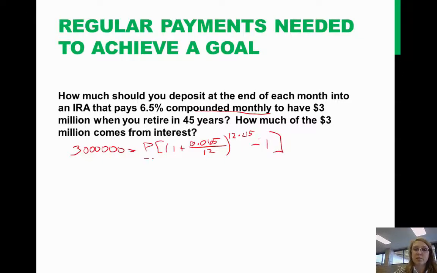So that's the top. The bottom will be 0.065 divided by 2. So we're going to have to do a little bit of algebra to solve this one. And by the way, this should be a 12, not 2, because that's how many times we're compounding it.